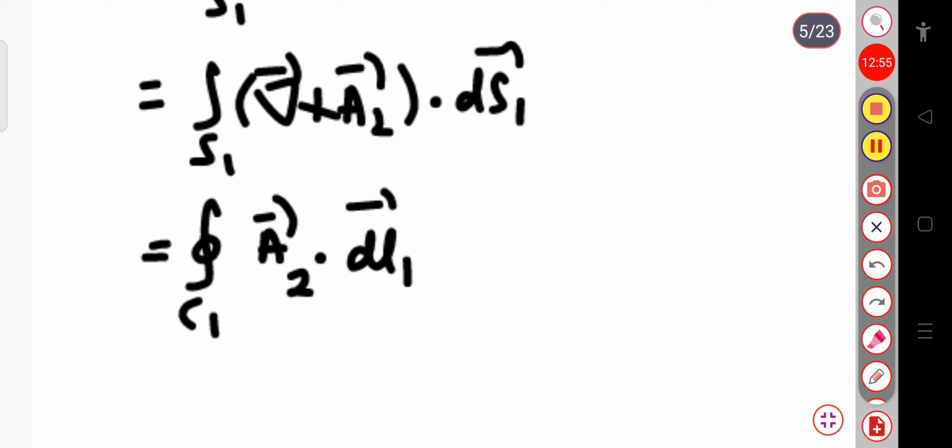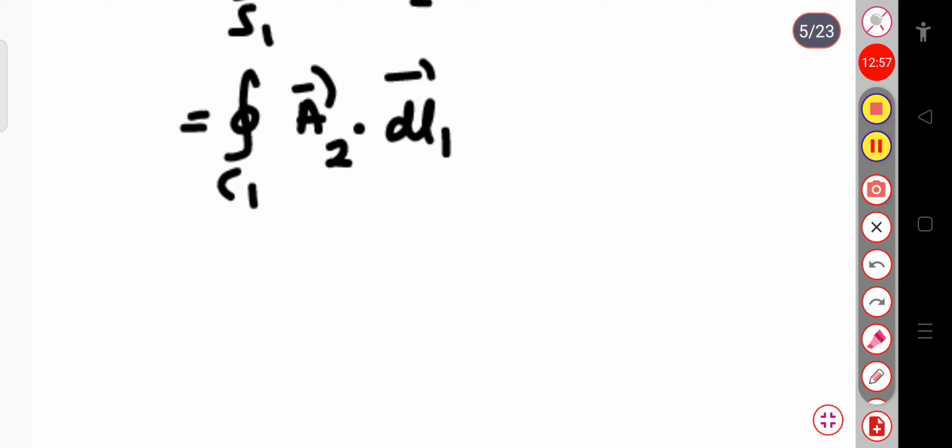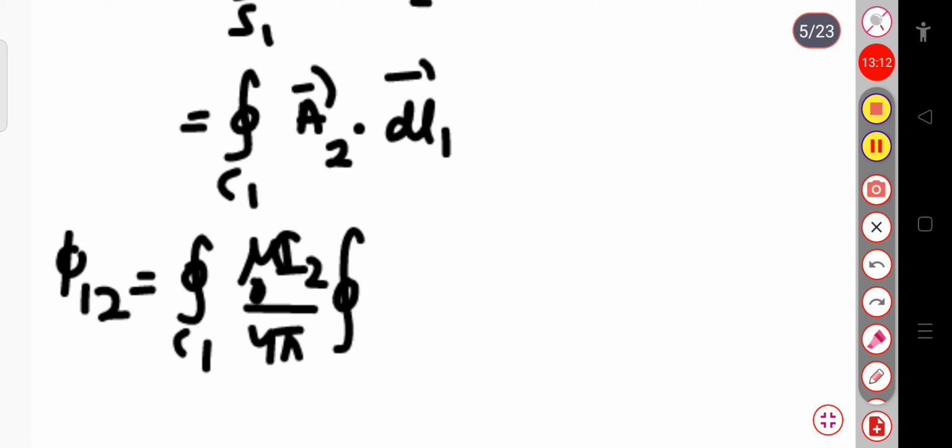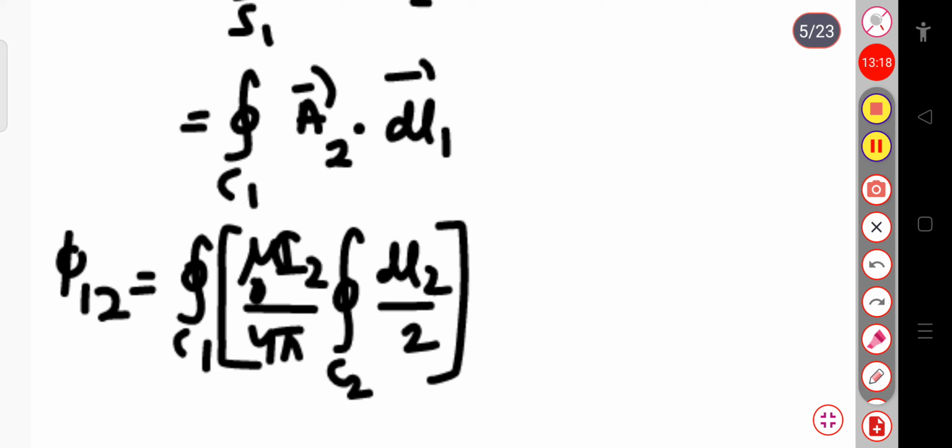Now this phi 12 can be written as the integration over C1. In place of A2 we can directly write mu naught I2 divided by 4 pi integration over C2 dl2 divided by r dot dl1.